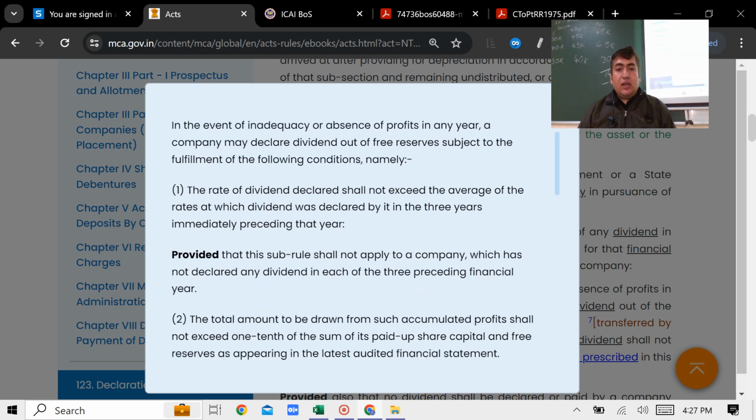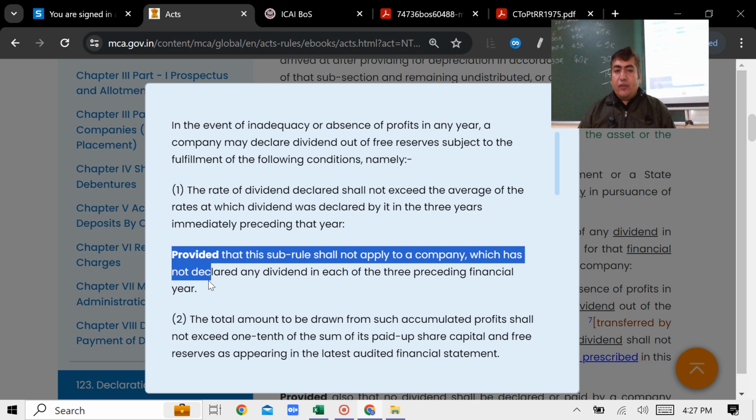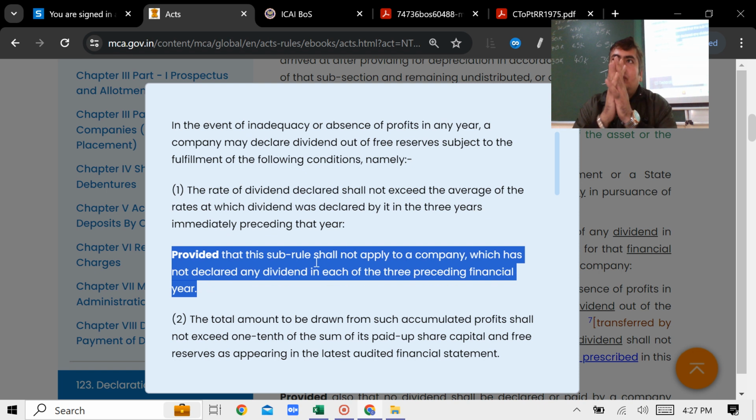Second condition, this proviso is quite important. It says that this sub rule shall not apply to a company which has not declared any dividend in each of the 3 preceding financial years. So what does it mean?